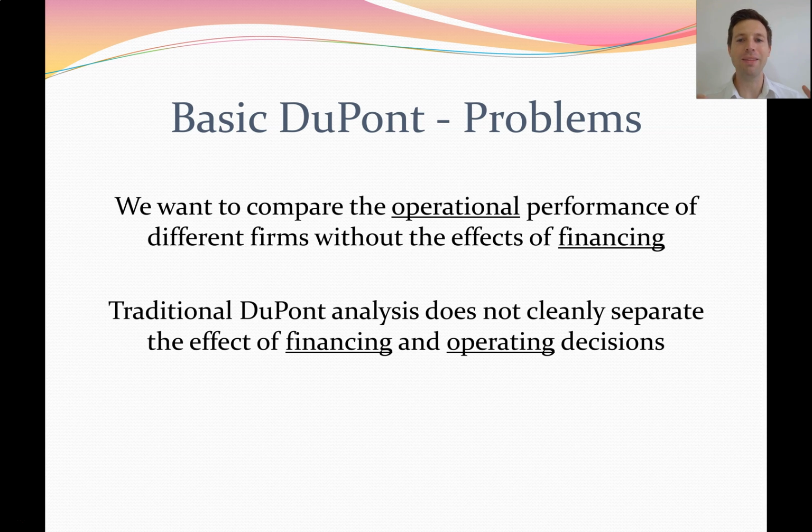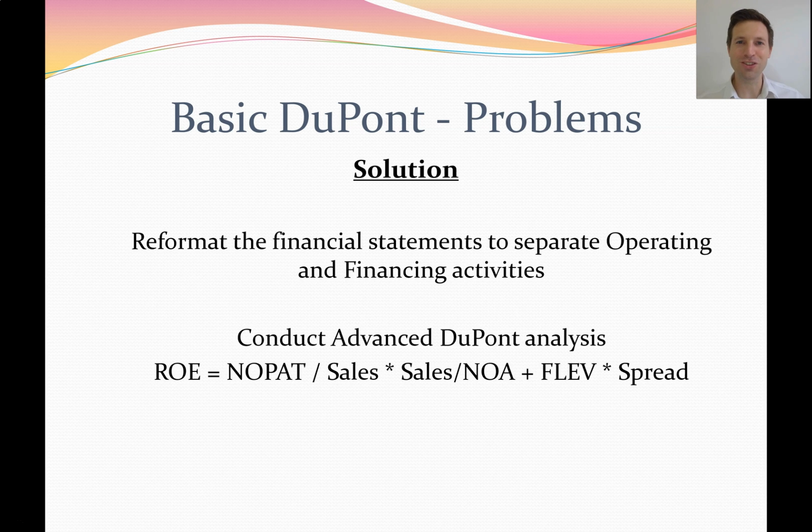We want to compare the operational performance of different firms without the effects of financing changing ratios. And traditional Dupont analysis does not cleanly separate the effect of financing and operating decisions. So we have a solution. The solution to this problem is that we're going to go through a process called reformatting the financial statements. And what reformatting the financial statements does is it separates all our operating activities from our financing activities.